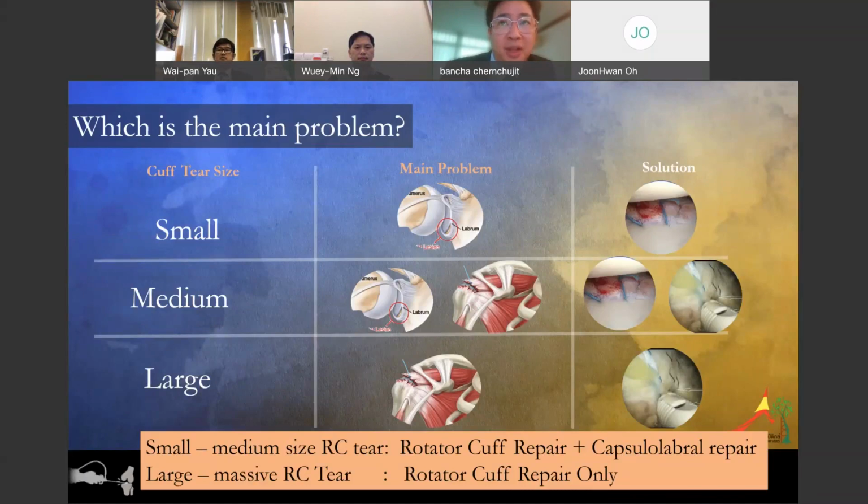For the massive cuff tear, your main problem is mainly the cuff, okay, it's not the labrum. Most of the time, sometimes you don't see any labral tear in the massive rotator cuff tear with dislocation. So this is a very simple clue, okay: small size, think about the labrum; medium size, think about both. If you have a large size cuff tear, the rotator cuff is the main problem.